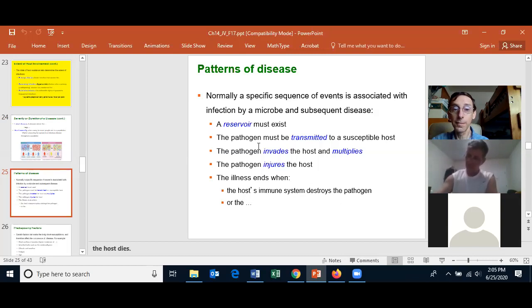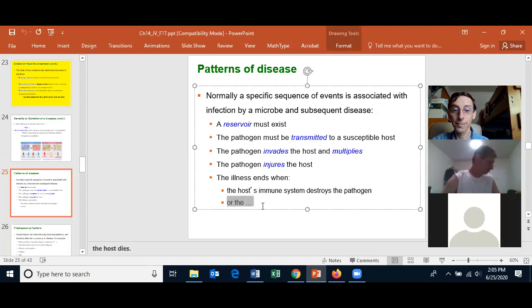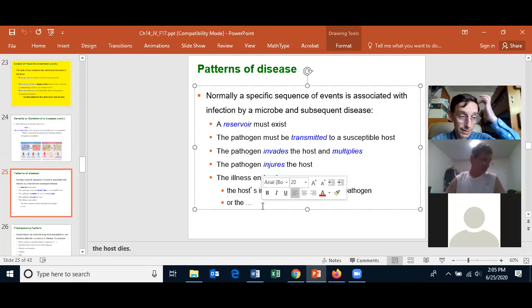So that pattern of disease development happens essentially with every disease. Like HIV, it used to be, most patients would end up dying. That's actually not the case anymore.